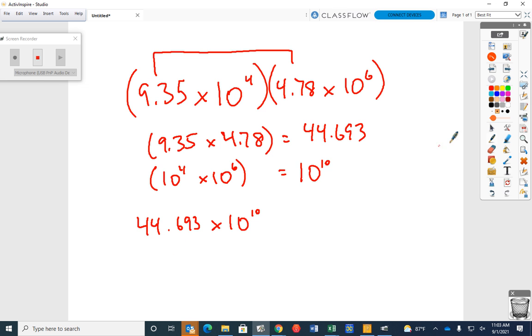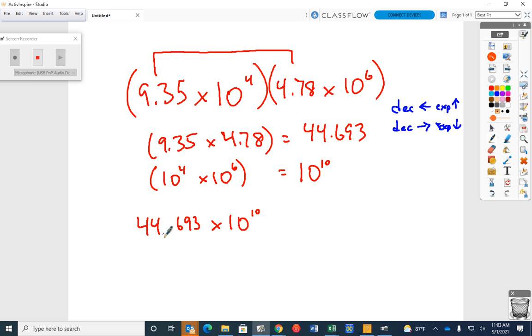So let's go back to our rules that we talked about yesterday. Exponent up means decimal where? I'm sorry, I did that backwards. Decimal this way means exponent up.